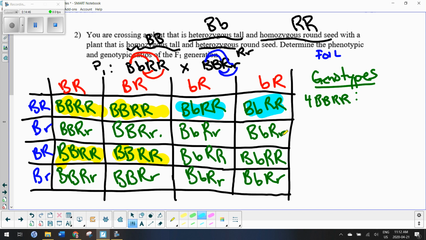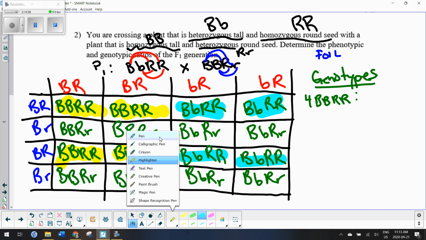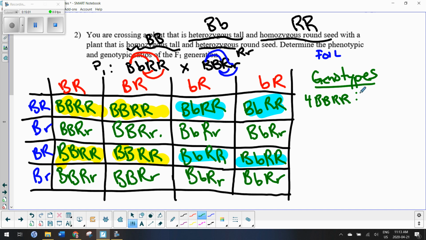Big, little, no, not big, not big. So you're looking for 2 big bigs at the end. So there's another one, and there's another one that's the exact same. So for this one, you would also have 4 big, little, big, big.